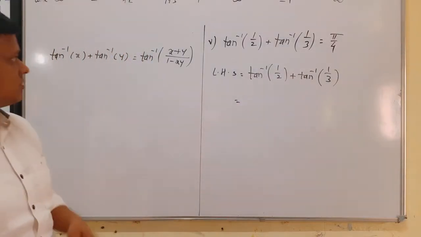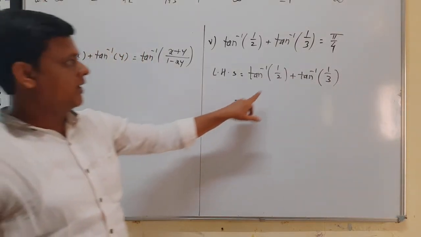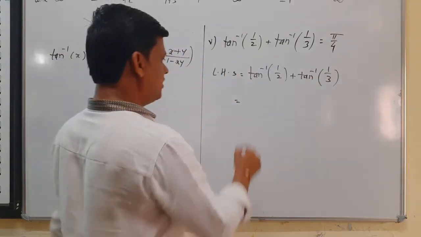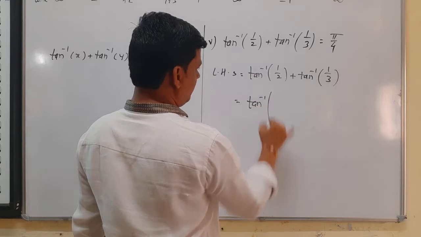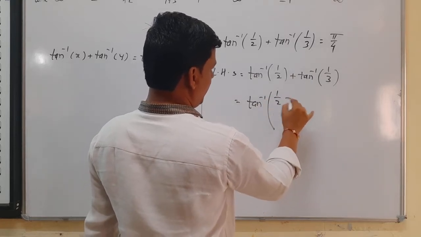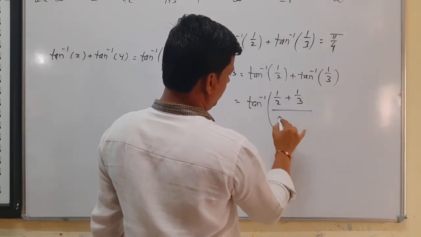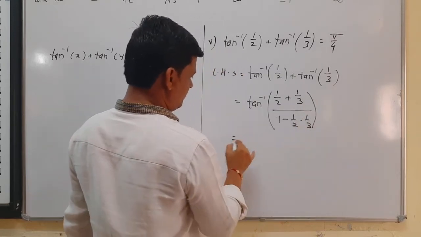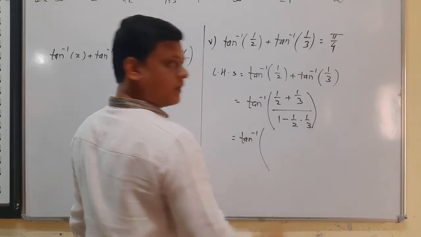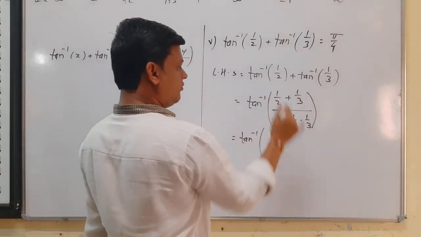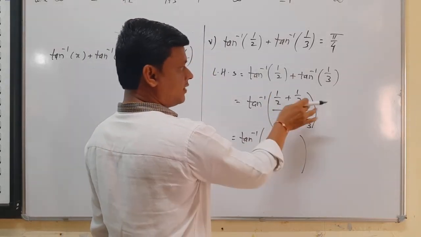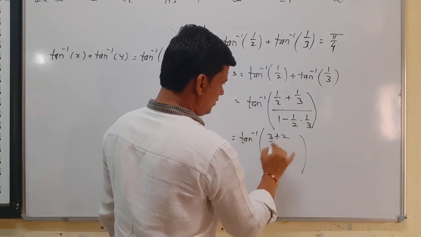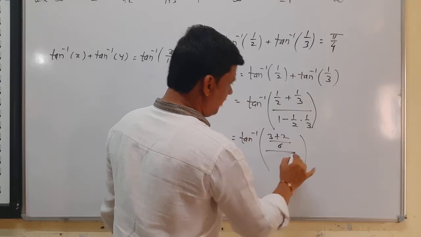Now if we use this formula, in place of x replace 1 by 2, in place of y replace 1 by 3. So we write this as tan inverse of 1 by 2 plus 1 by 3 upon 1 minus 1 by 2 into 1 by 3. Now calculate the numerator first. After cross multiplying we get 3 plus 2 upon 6.